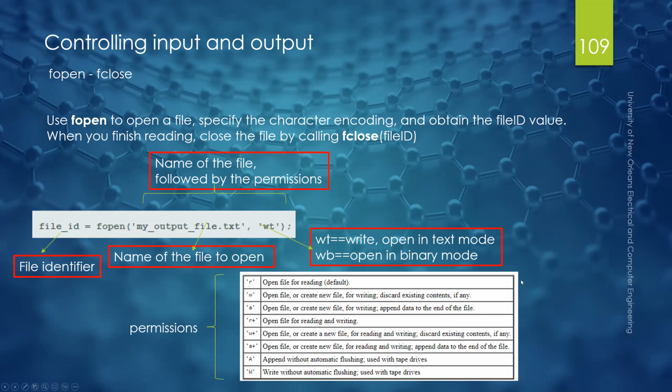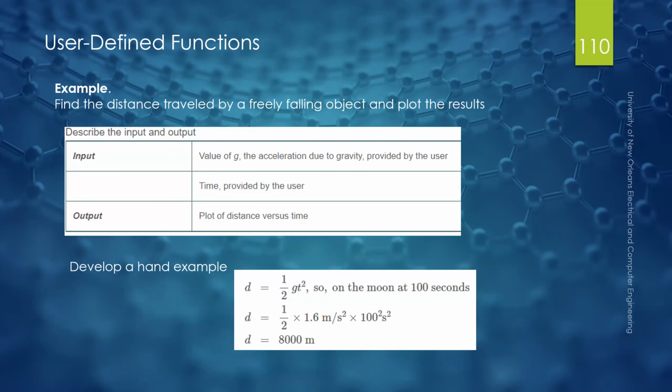Okay, so I'm going to show you this example, and I'm going to follow the same technique, if you will, that I suggested a few lectures ago that you follow when you're writing code. In this case, what we want is a simple program, but it follows the steps that I mentioned before. So we want to find the distance traveled by a freely falling object and plot the result. Well, we're not going to plot it in this specific example.